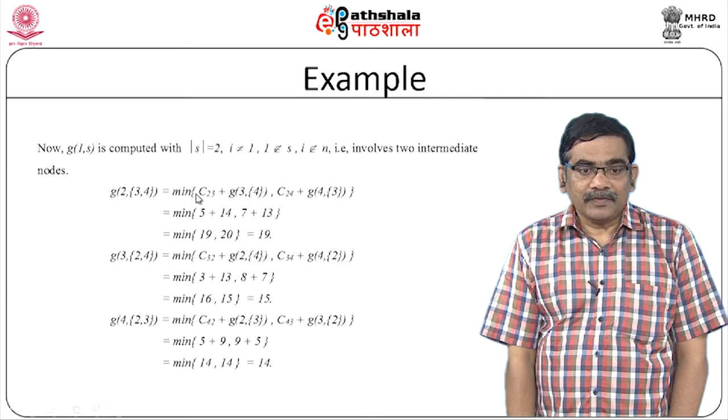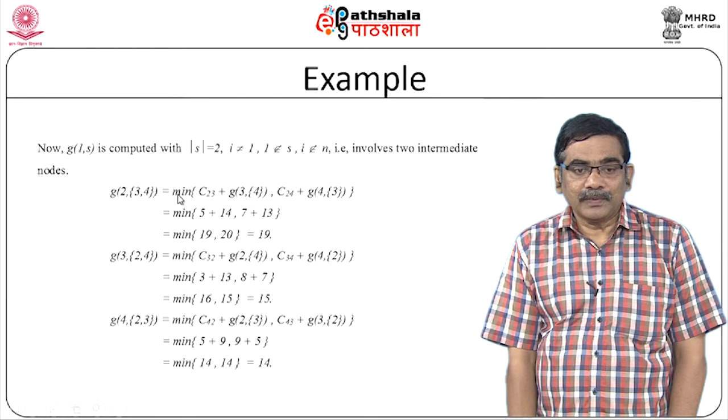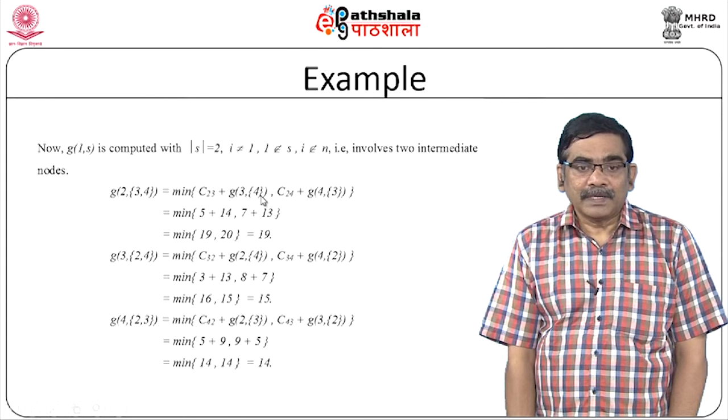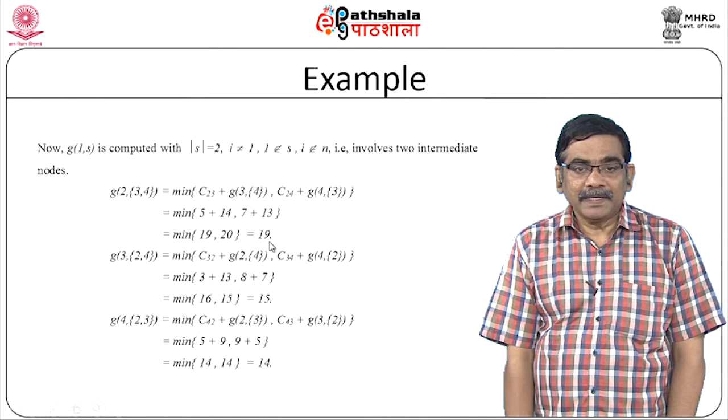Just see carefully what is happening. g of 2 comma 3 comma 4 is nothing but the cost of going from 2 to 3 and the cost of starting from 3 and going via 4. You can see c 2 3 is 5, and this we have already computed in the earlier iteration. Now, simply plug in, and the minimum is going to be 19.